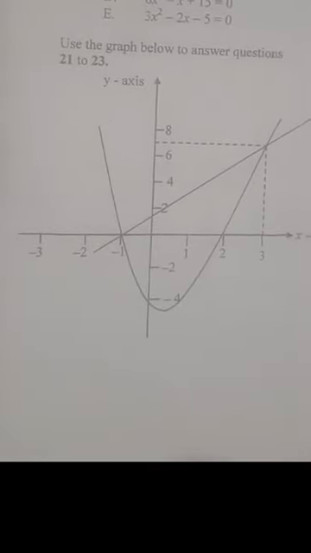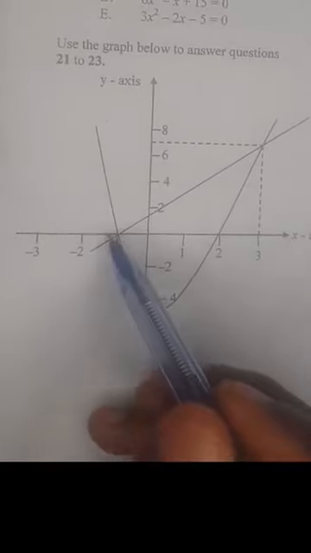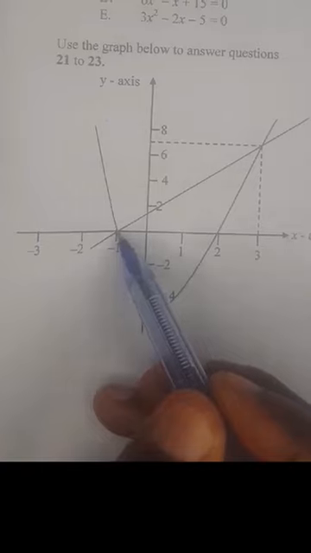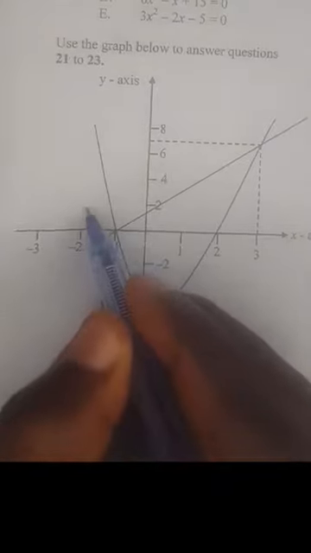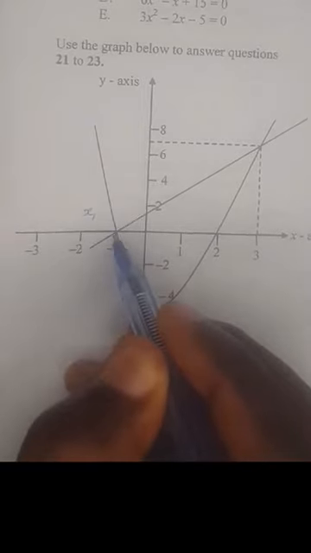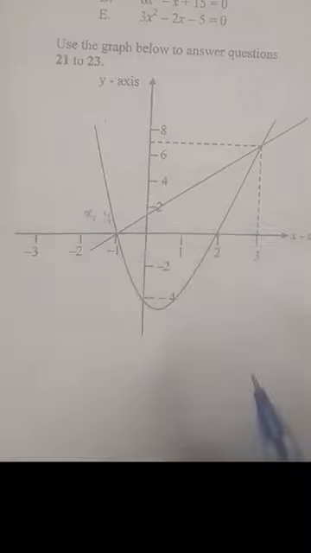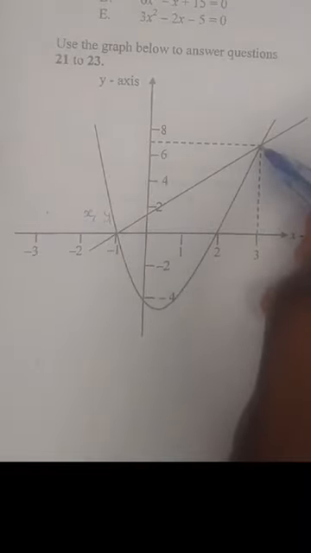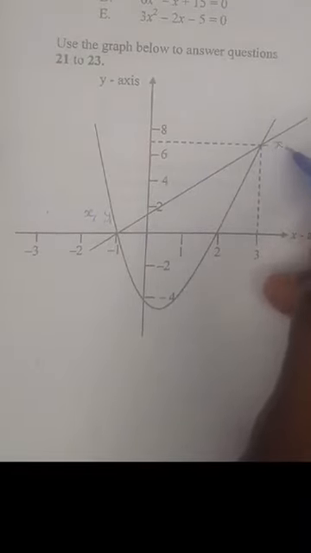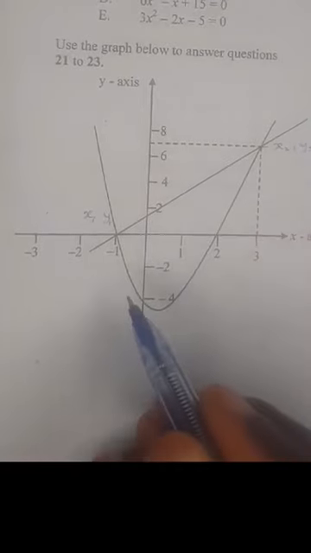Now here is the graph. This is the first point, and at this point we have x1, and of course we are going to have y1 at this point. And at this other point, we are going to have x2 and y2. Now let's trace out the point.